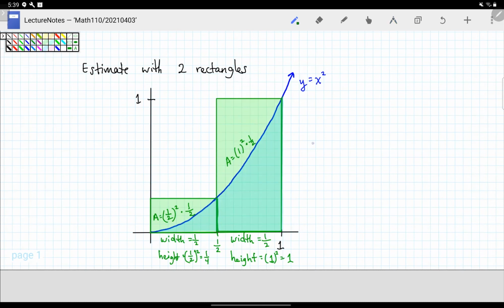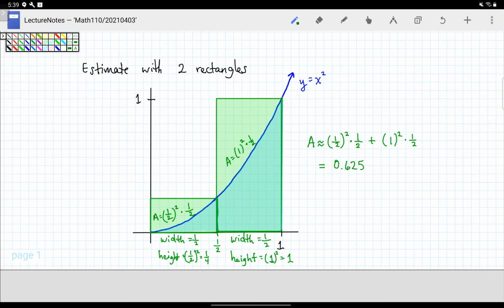So then the area is estimated to be 1/2 squared times 1/2, that's the height times the width of the first rectangle, plus 1 squared times 1/2, the height times the width of the second rectangle. And that ends up being 1/8 plus 1/2, which is 5/8. I'm going to put this in decimal notation.